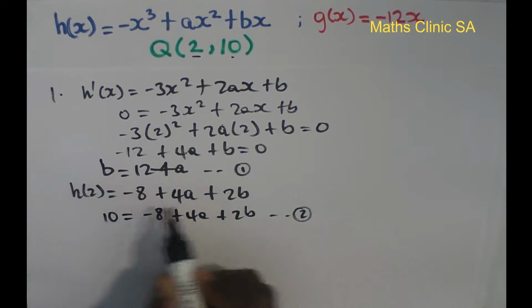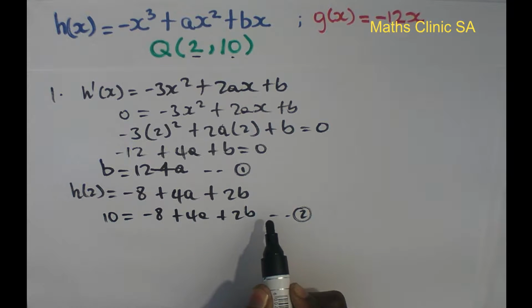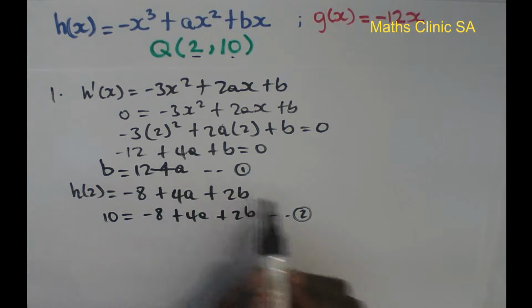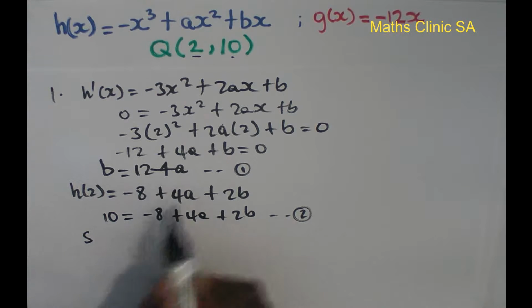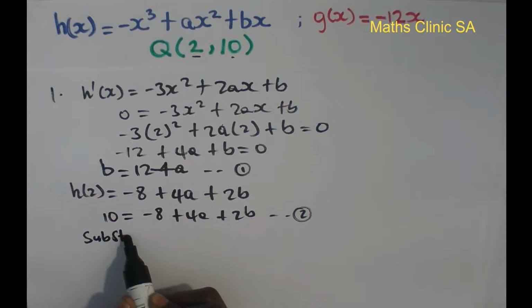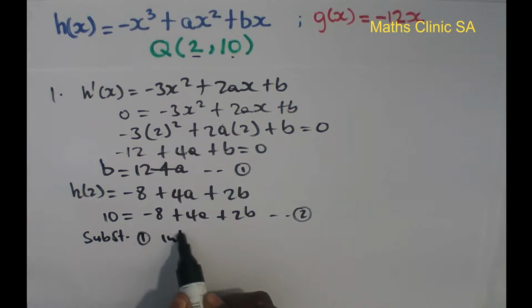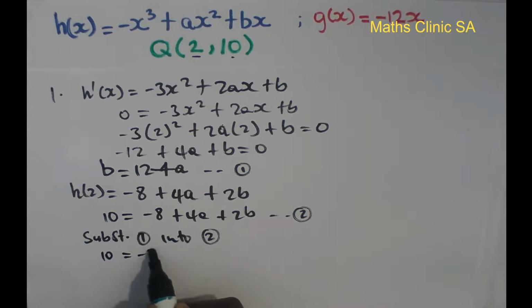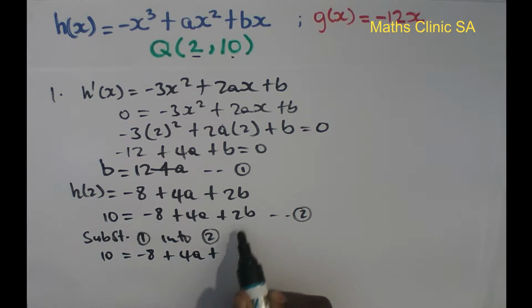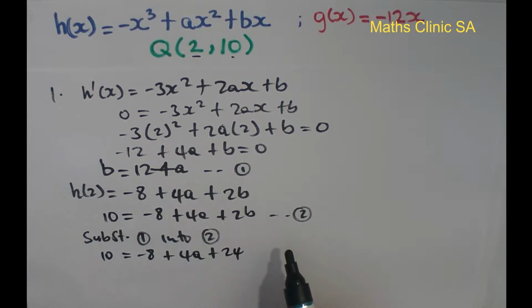So we substitute equation number 1 into equation number 2, because we have b equals 12 minus 4a. So 10 equals negative 8 plus 4a plus 2b, and now for b we put 12 minus 4a. 2 times 12 is 24, and 2 times negative 4a is negative 8a.